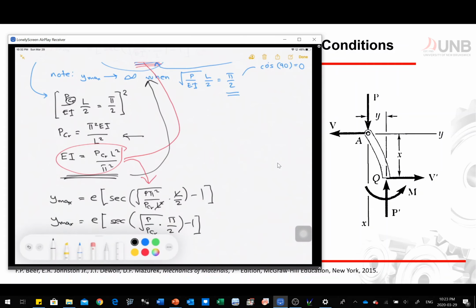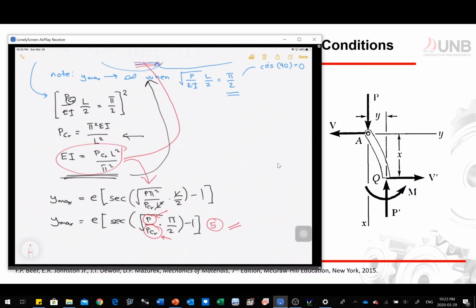So now let's call this one our equation 5. Note that we have P and we have PCR. What are those numbers? P is just the load that you defined. PCR is the critical load that you need in order to buckle your material. Now, this equation right here would be useful.